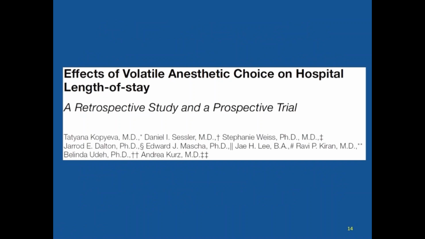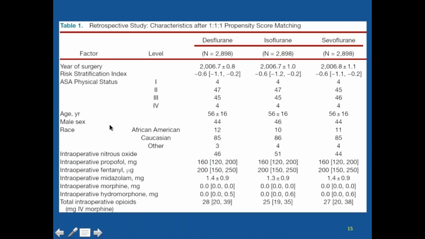So we're going to be in a context more like this one, where there's some sort of retrospective study. You could imagine looking, in this case, at volatile anesthetic choice on hospital length of stay. The idea is you have your description of your cohort.